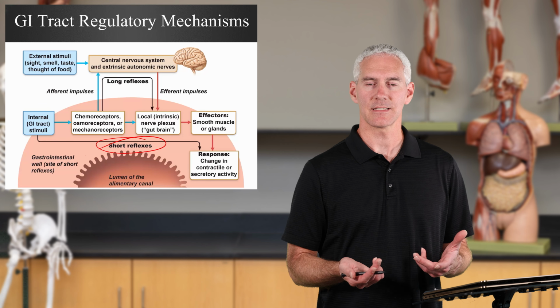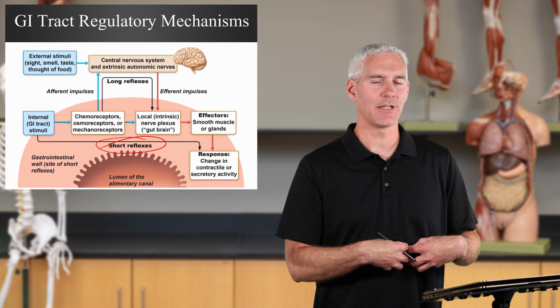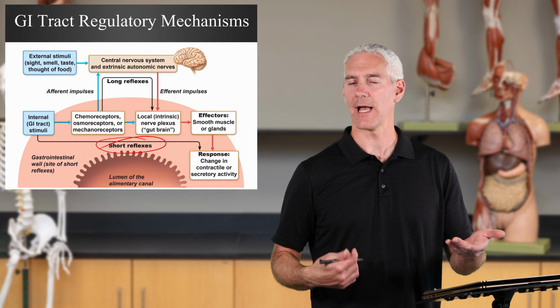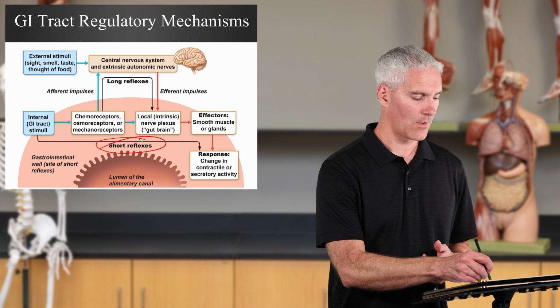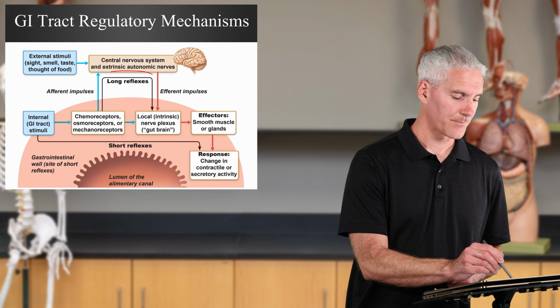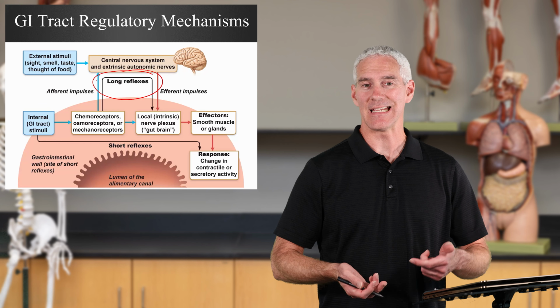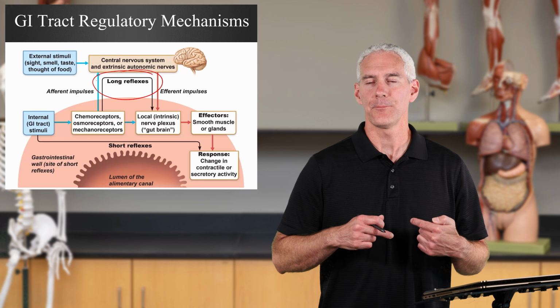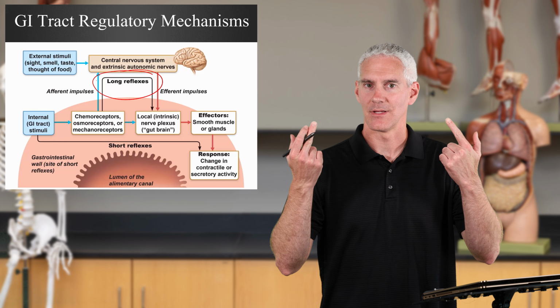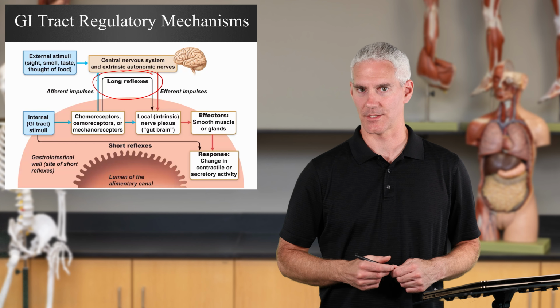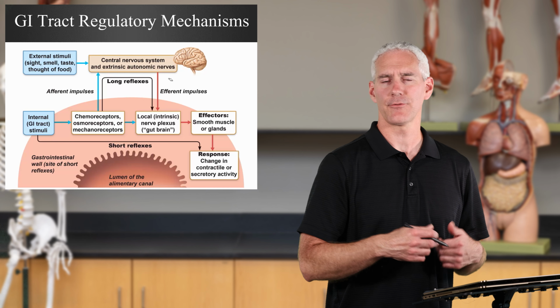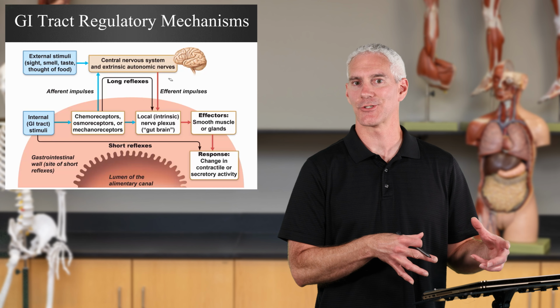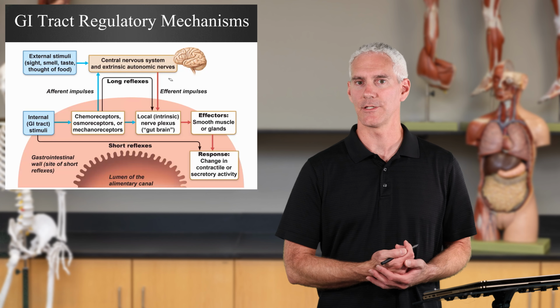Now the short reflex is just stimuli inside your GI tract, causing reactions inside the GI tract. While the long reflex is having stimulations inside the GI tract, being sent up to the central nervous system, and then that telling your GI tract what to do. So two different reflexes built in to make sure the GI tract is responding the way it should. Just a little bit about how you're regulating the different passages throughout your actual GI tract.